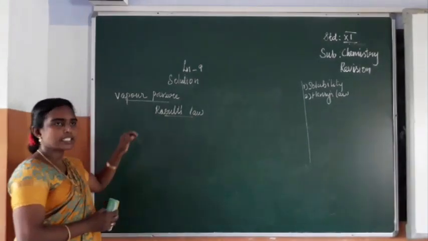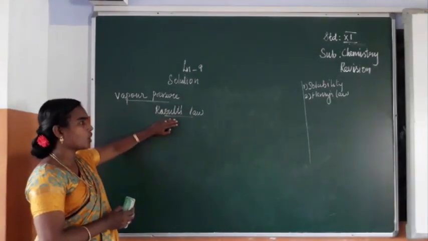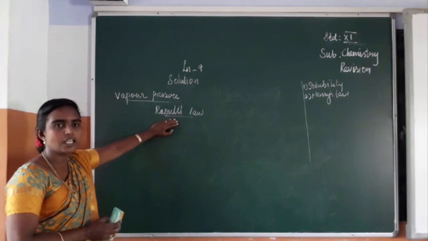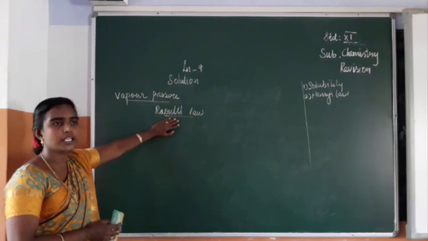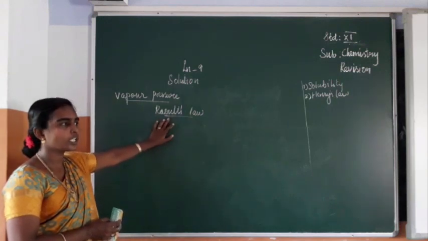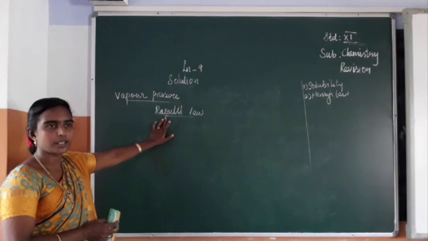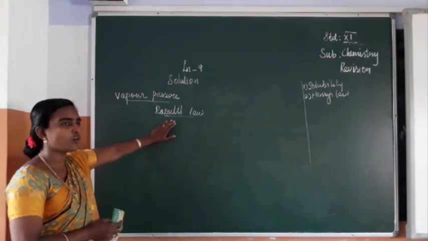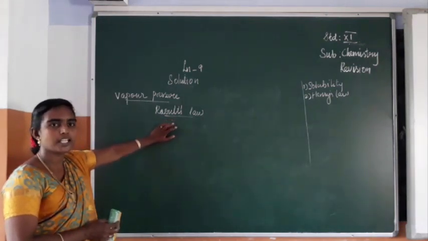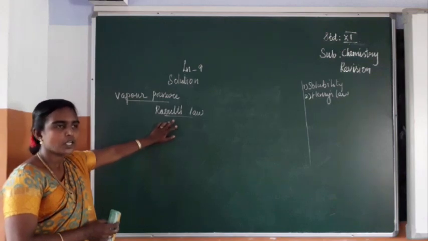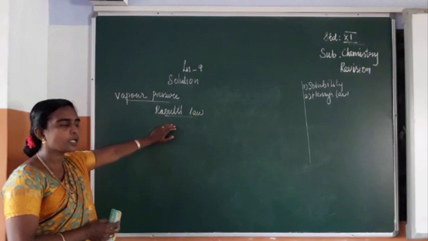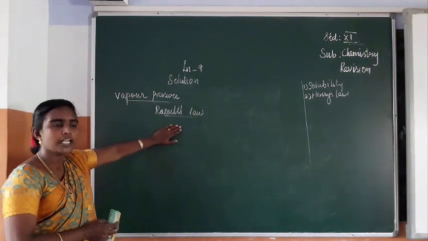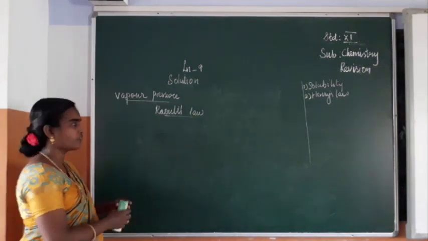Same as Henry's law, here also this law states that the partial pressure of each component in a binary solution, meaning a solution containing two components, for example two volatile liquids, is directly proportional to its mole fraction.